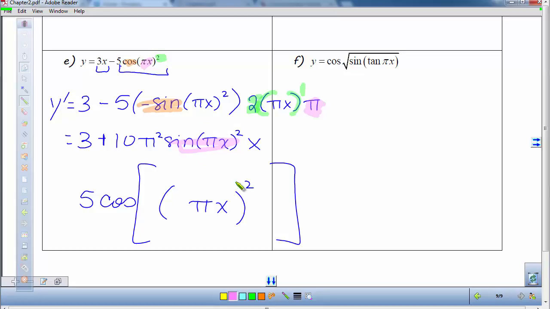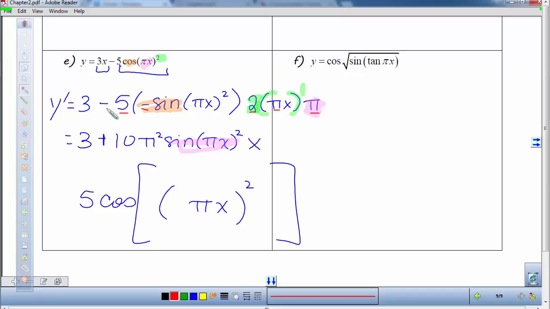So I've kind of brought together all of my constants, constant multiples, I should say. So here was a constant multiple. The negative was a constant. The 2, the pi, the pi. So when I put all those pieces together, 5 times 2 gives me 10.